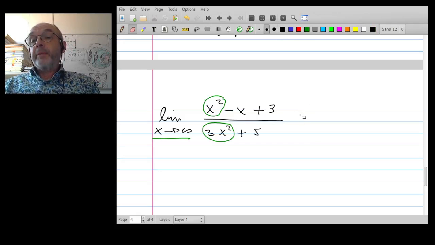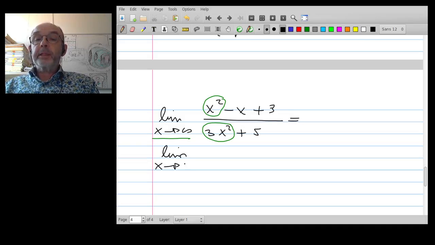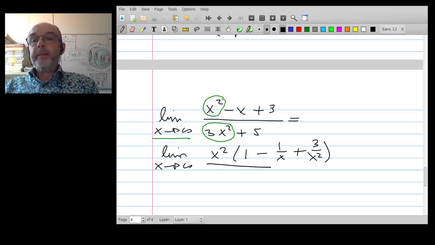We can then divide them out. So we can write here the limit from x going to infinity. You divide x squared out of it, so you have 1 minus 1 over x plus 3 divided by x squared. And here we have x squared times 3 plus 5 divided by x squared.